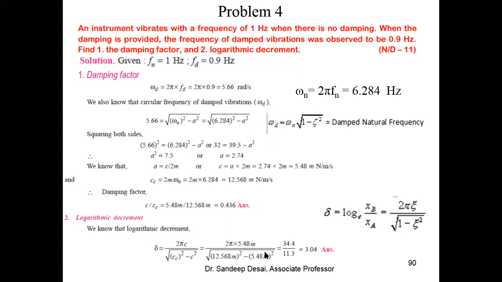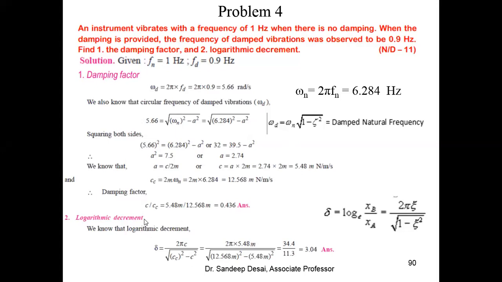Write down. Zeta is equal to how much? Calculate and let me know. You can calculate zeta because omega d is known, omega n is known.